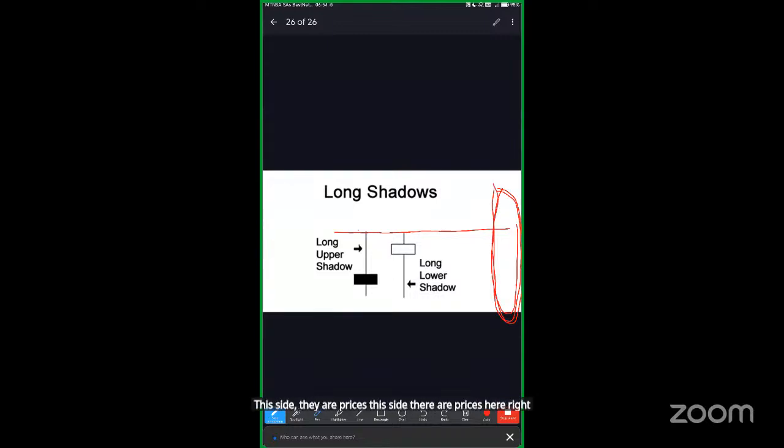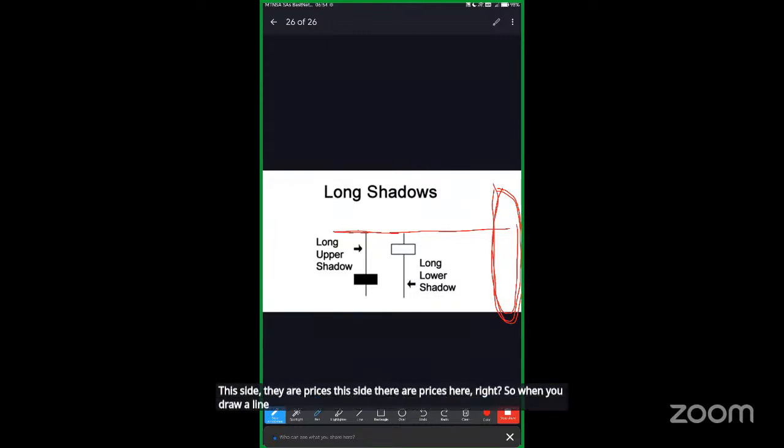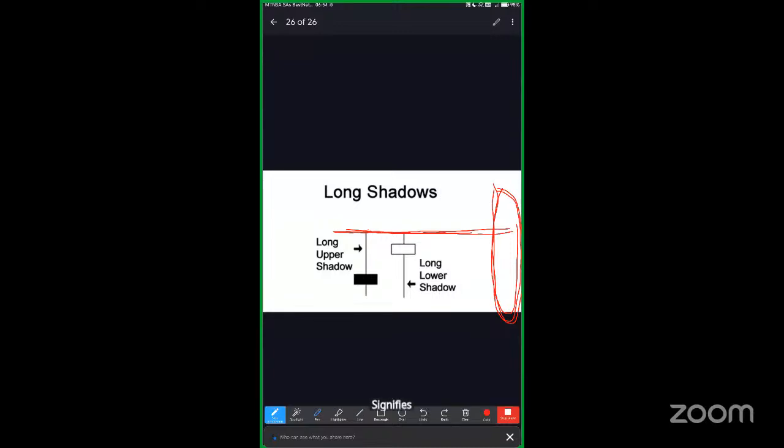So when you draw a line like this, it shows you how high this session went. That's why we are saying that the upper shadow signifies the session went high, how high the price went, right?